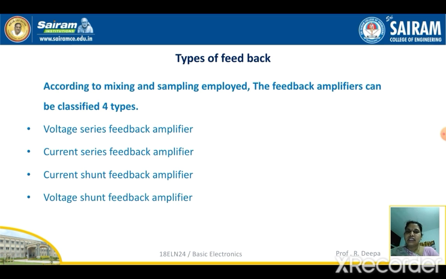Based on this, it is classified into four different types: voltage series feedback amplifier, current series feedback amplifier, current shunt feedback amplifier, and voltage shunt feedback amplifier. As per the syllabus given for this particular module, we need to study the voltage series feedback amplifier.